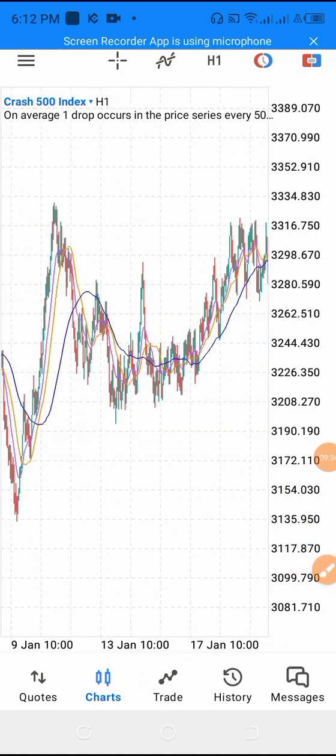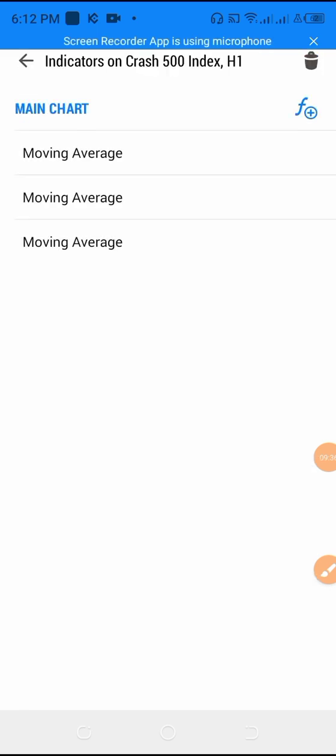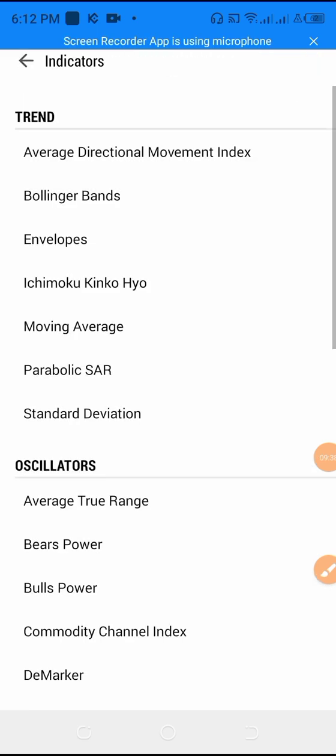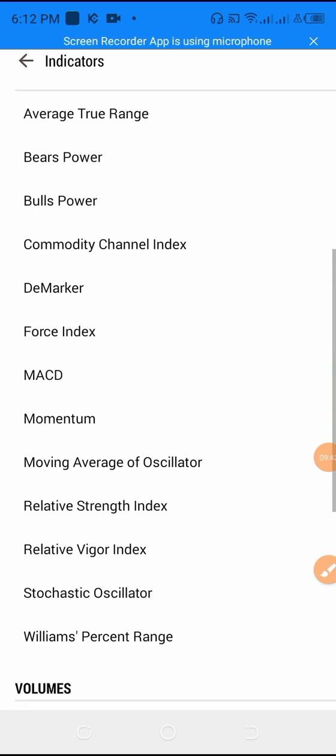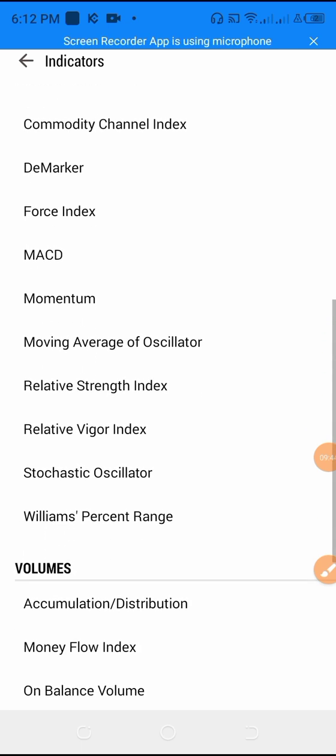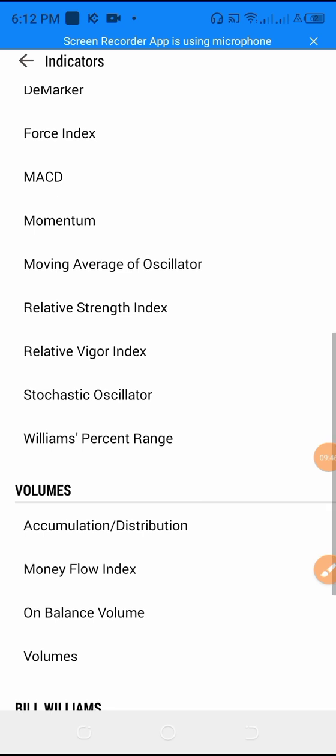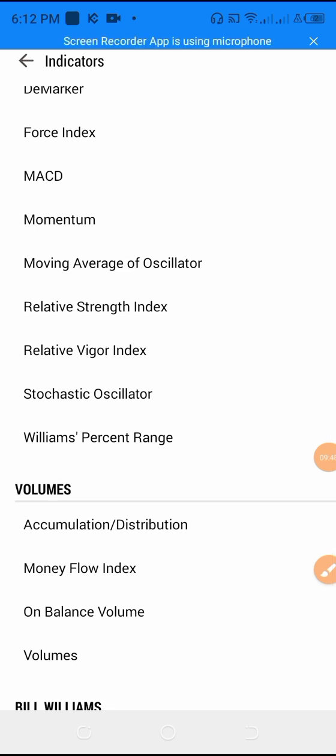All right, so next on our list we'll go to add indicator. The next one that we'll be talking about is the relative strength index. This relative strength index is only added to your indicator window.